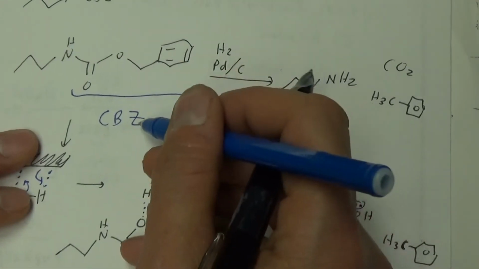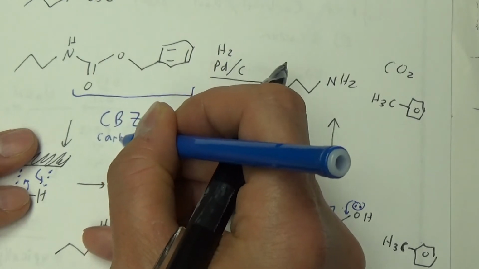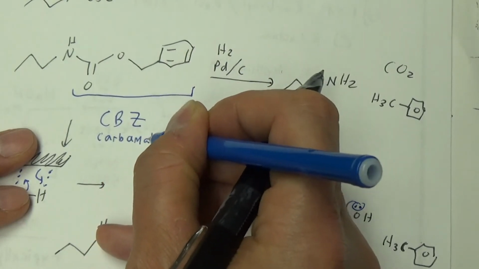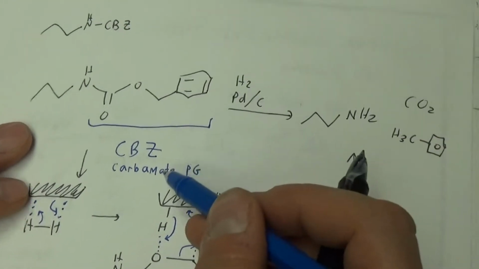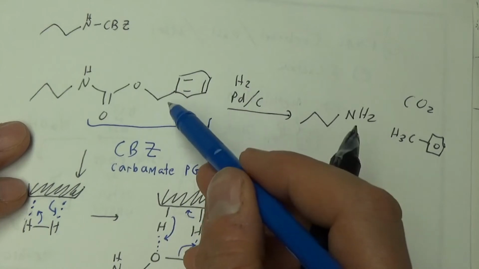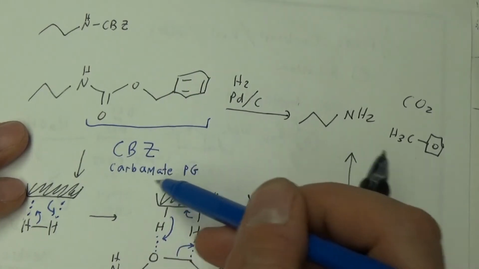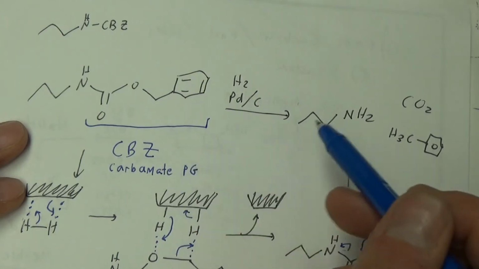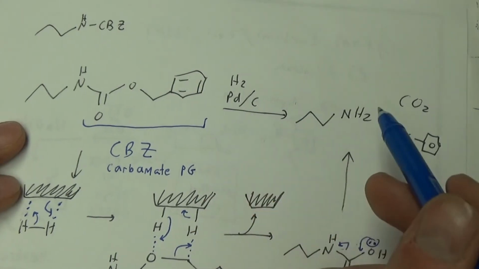Yeah, this CBZ group is called a carbamate protecting group, carbamate PG. Carbamate just refers to the nitrogen, the carbonyl, and the oxygen and carbon. So this whole thing is called a carbamate, and there's a whole bunch of carbamate protecting groups. This is just one of them. Something called BOC and FMOC are all variations of this.